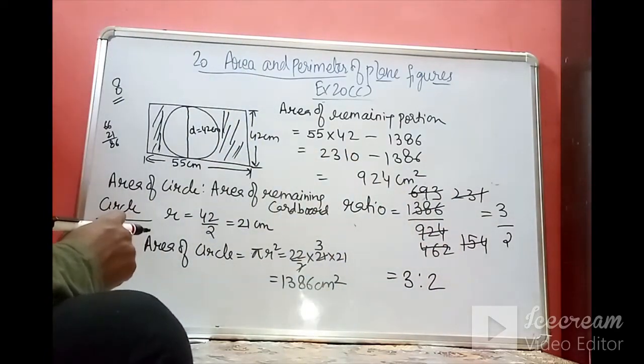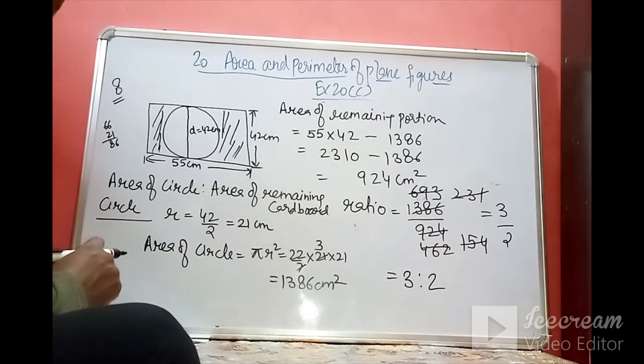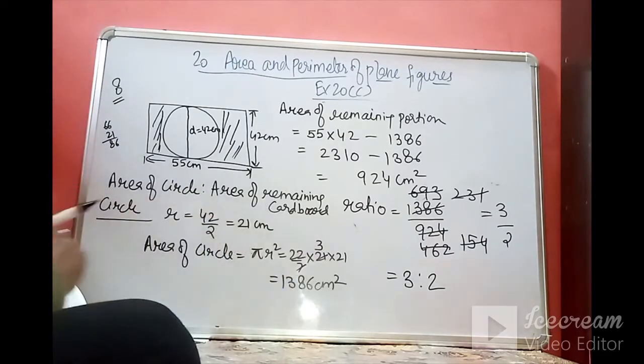Okay, they both are the multiples of 77. So answer is 3 is to 2. So this will be our ratio.